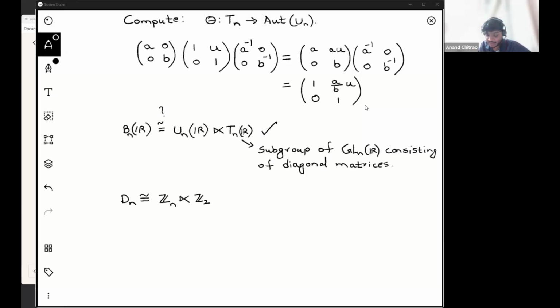So what's the homomorphism theta in this case? Zn is the subgroup generated by R, and Z2 is the subgroup generated by S, if you remember from Dn. What is theta in this case?